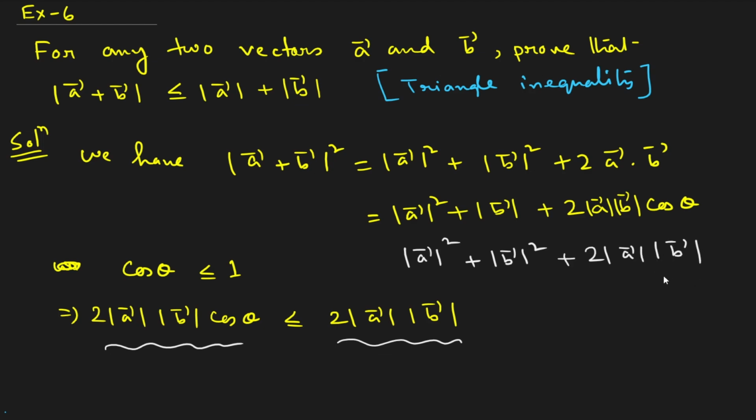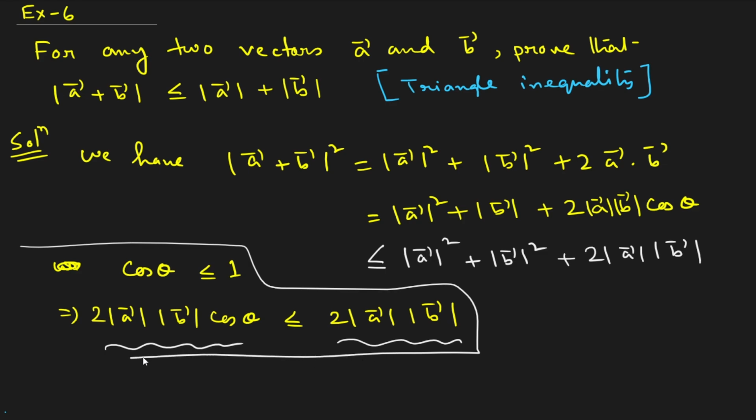I am not writing cos theta. If we compare these two terms, which is the bigger term? This is the bigger term, when cos theta is absent. So our symbol will be less than or equal to. Is it all right? You have to write this on the side note.